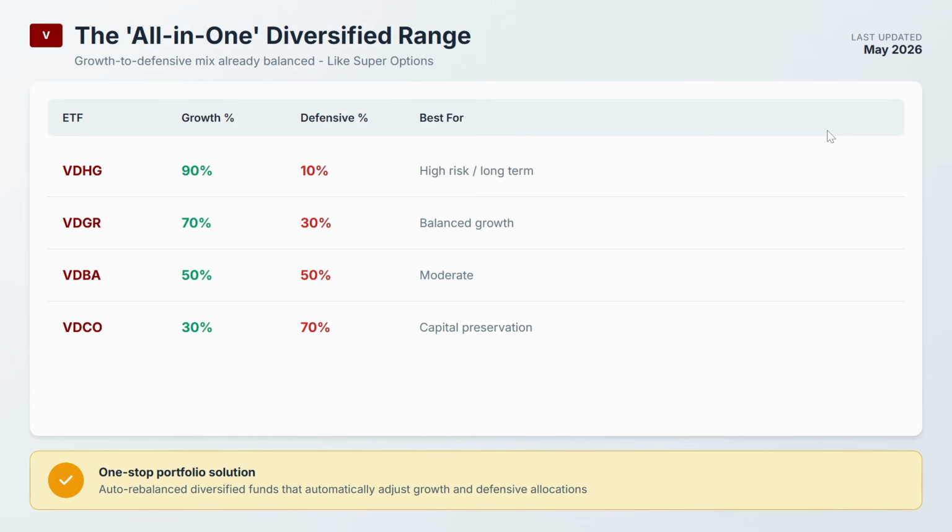VDBA is 50 over 50. VDCO is 30% growth, 70% defensive. Vanguard rebalances them automatically. You buy one ETF and get Australian shares, global shares, bonds, and even some infrastructure inside.